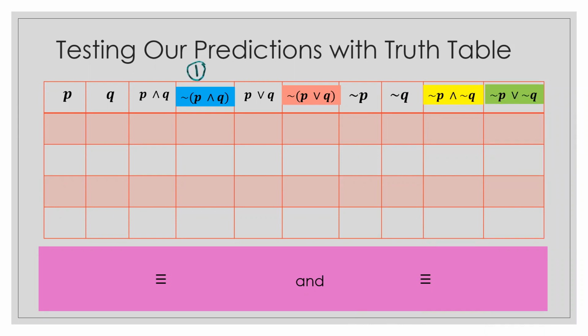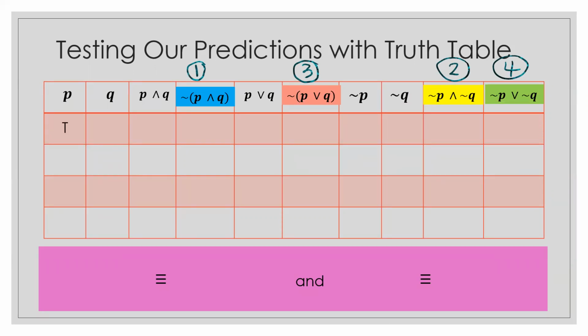And let's just note what was on the previous screen. That was number one. That's number three. The yellow one is number two, and the green highlighted one is number four. All right, with two statements P and Q, you have four combinations.